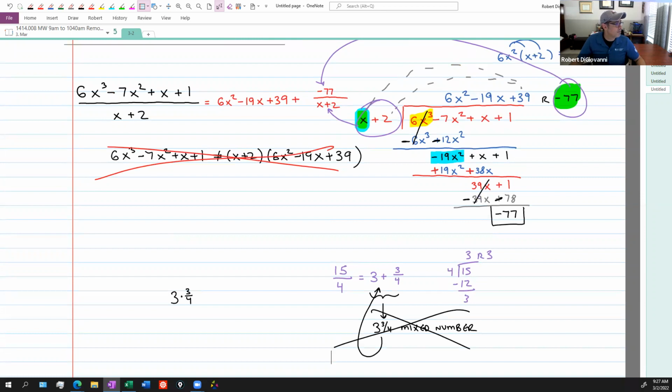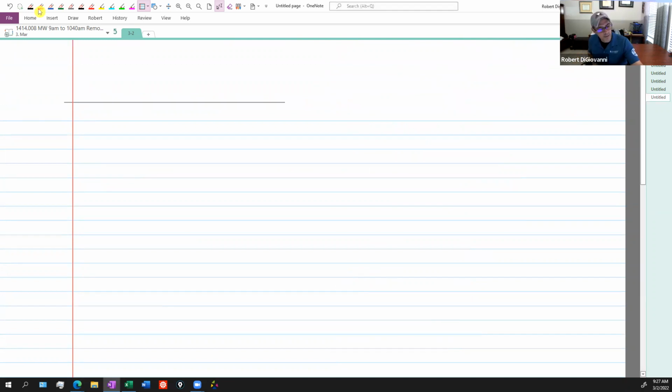Got another one for you. Yeah, here's a good one. I'll throw you into the frying pan here. How about 6x to the 5th minus 9x squared plus 9x?